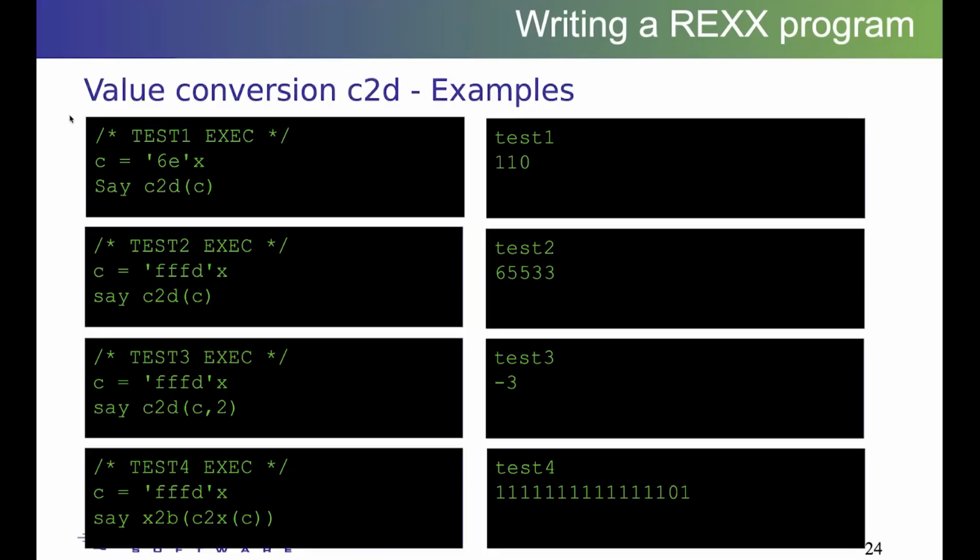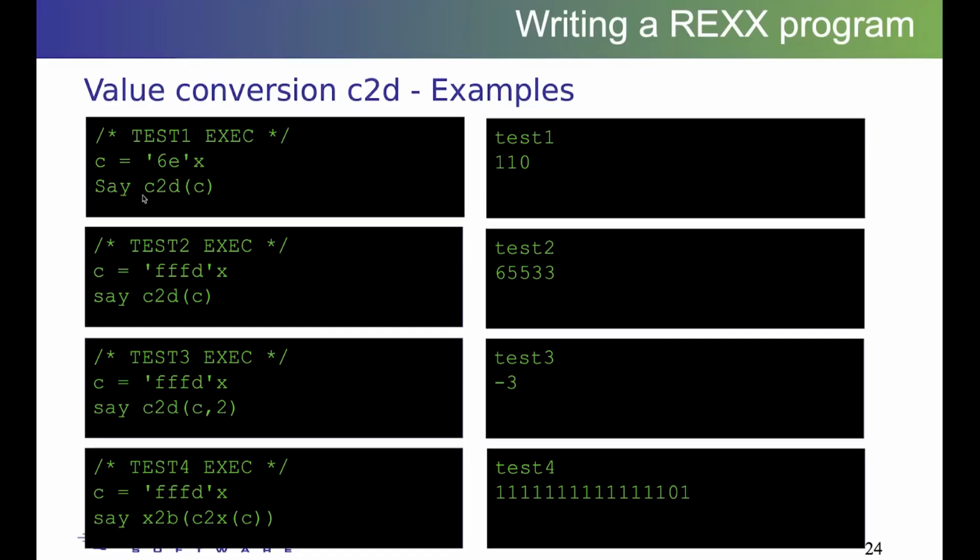Here are some examples. In the first example, we are setting a variable c to a hex value. If you have a literal and you put an x right outside the quote for the literal, REXX will attempt to convert that to a hex value, a character, in this case, a single hex character.